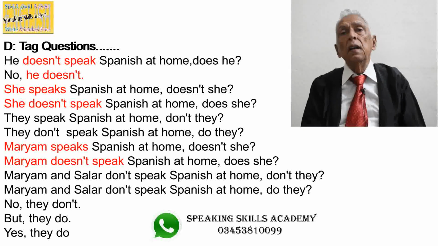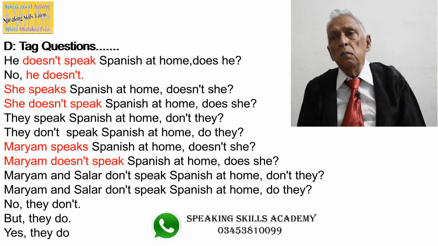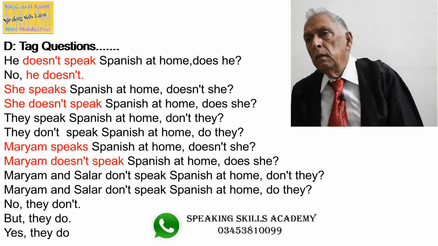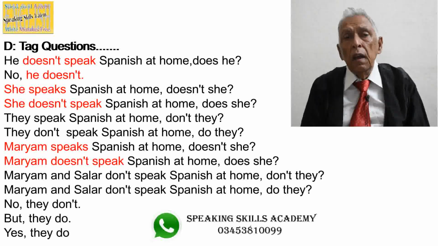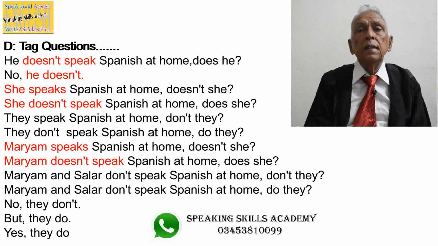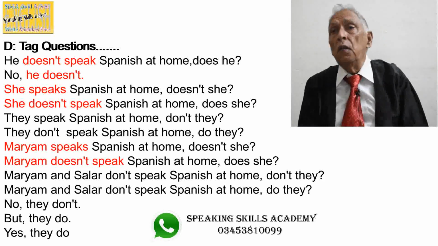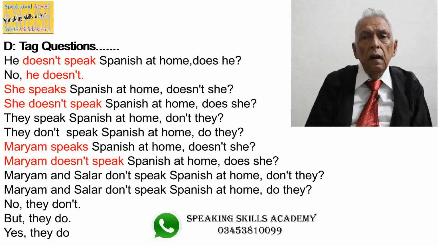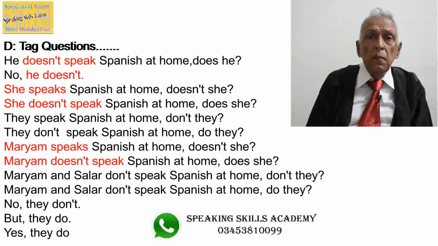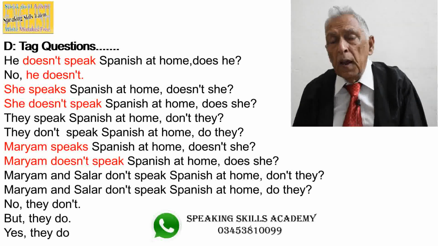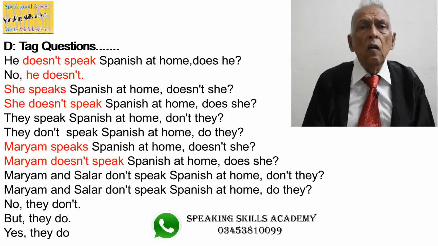Mariam and Salar speak Spanish at home, do they? This is wrong. We have to say, Mariam and Salar speak Spanish at home, don't they? Yes, they do. Mariam and Salar don't speak Spanish at home, do they? No, they don't.